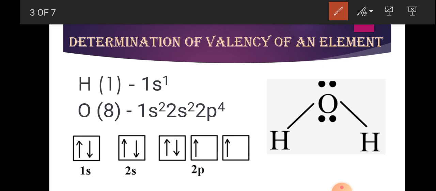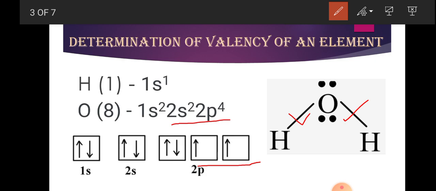So, oxygen has 6 valence electrons, but the outermost 2 electrons of oxygen share with 2 electrons of 2 hydrogen atoms, forming 2 covalent bonds in water.